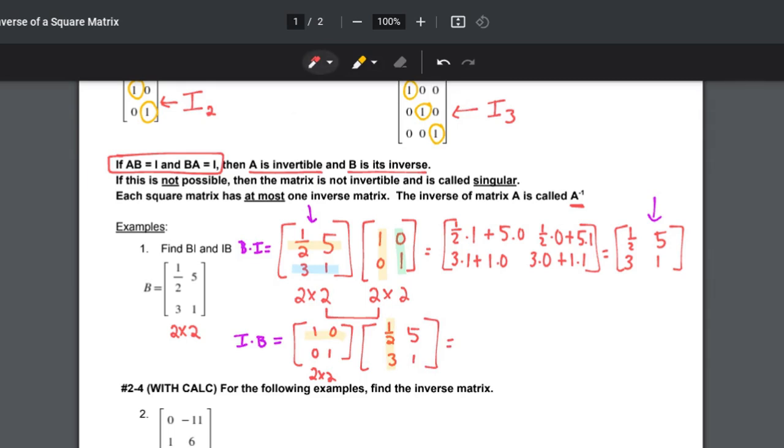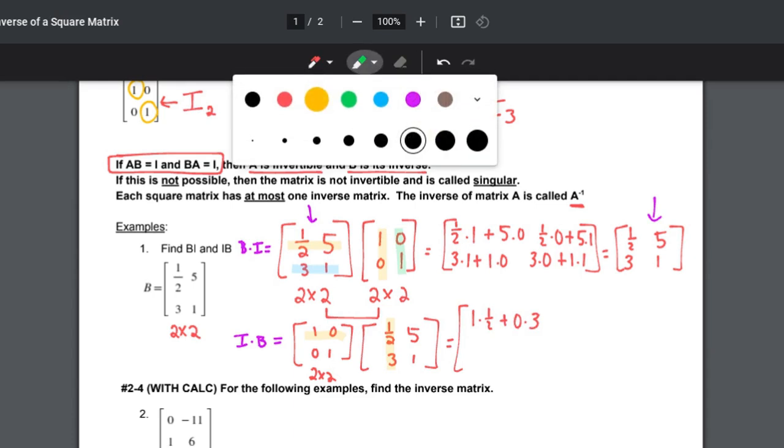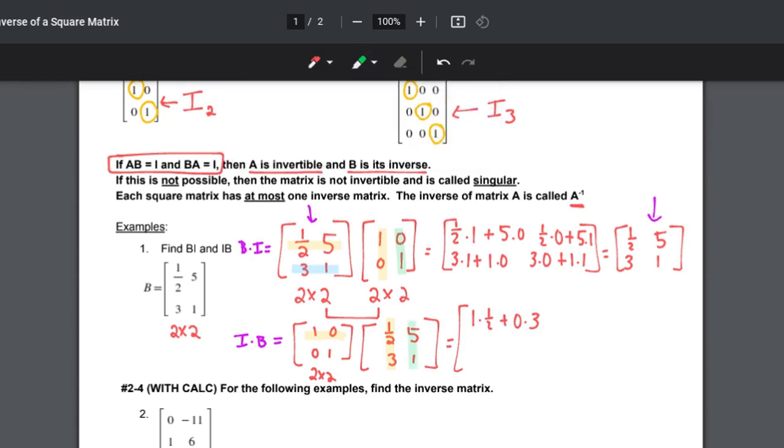That's going to give us 1 times a half plus 0 times 3. Then we keep distributing that top row to the second column. So it'll be 1 times 5 plus 0 times 1.